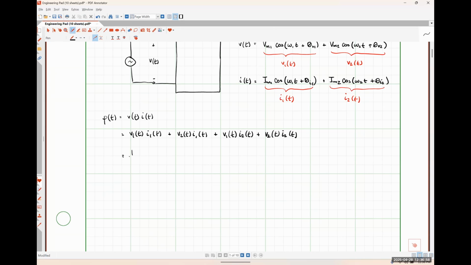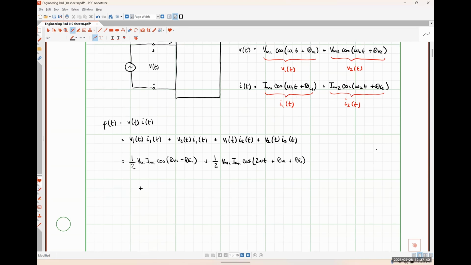So that's going to look like a factor of 1/2 Vm1 times Im1 times the cosine of theta v1 minus theta i1, plus 1/2 Vm1 Im1 cosine of twice omega 1 t plus theta v1 plus theta i1. And now I'm going to add to that our other terms.